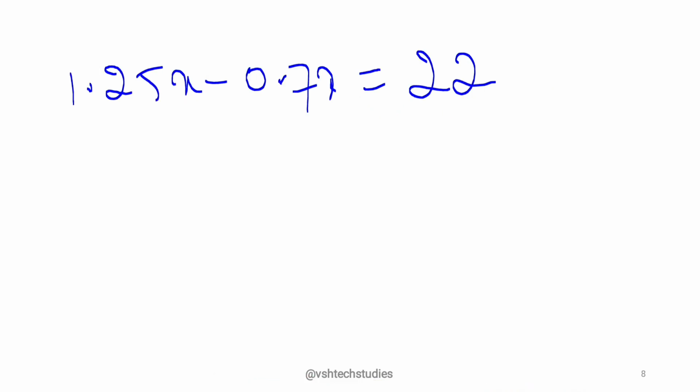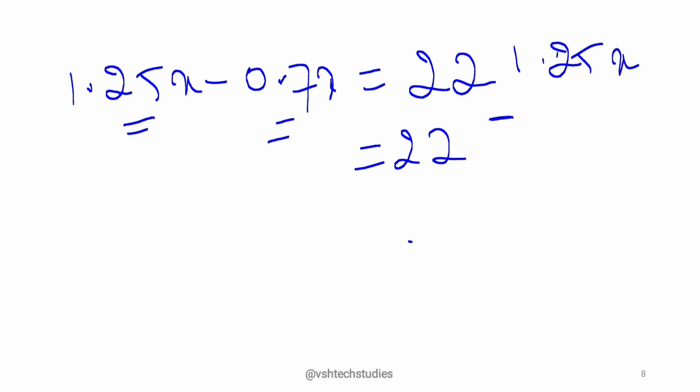Okay. Now solving this equation, 1.25x minus 0.7x equal to 22 as it is. So 1.25x minus 0.7x. 0.7 means 0.70 here. 5 minus 0 is 5. 2 minus 7 we cannot do.